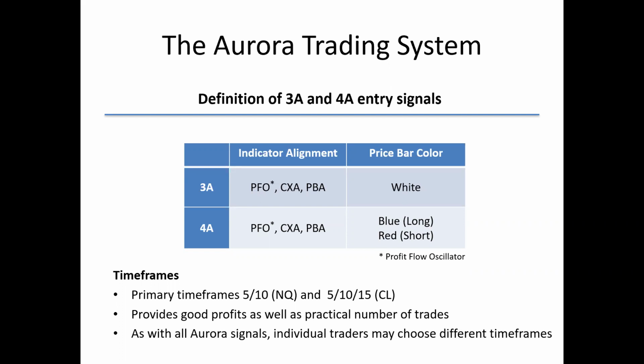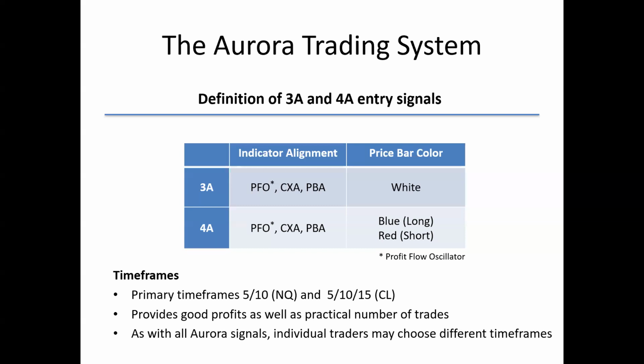And now when we look at a 3A or 4A, we are primarily looking at either a 5-minute or a 10-minute on NQ, or a 5-minute, 10-minute, and 15-minute on oil. Those are the primary timeframes where we are trading.